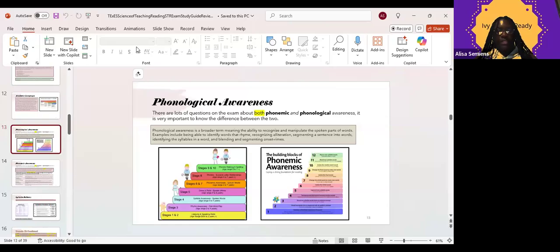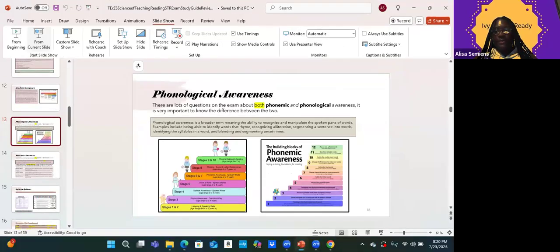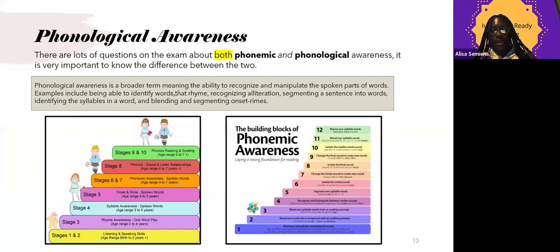All right. So here we have phonological awareness. And when we look at some of the examples here, examples include rhyme, recognizing alliteration, segmenting a sentence into words, identifying syllables in a word, and blending and segmenting onset and rhyme.